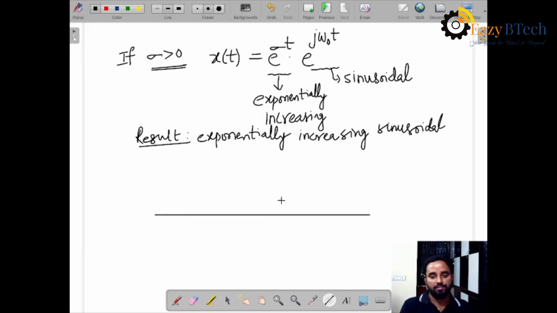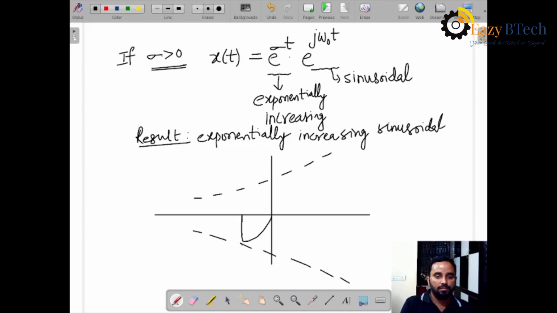This is the y and x axes. Now, the exponentially increasing sinusoidal looks like this. So the oscillations are increasing, right or not?